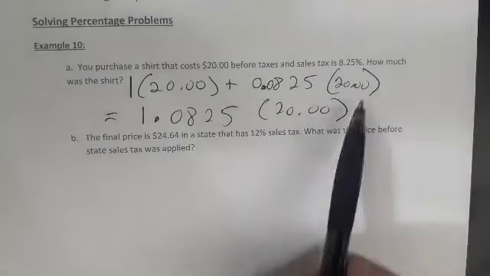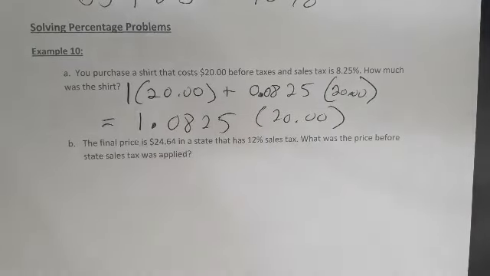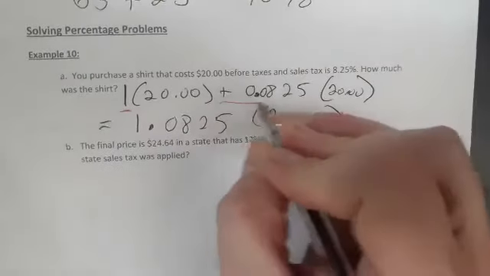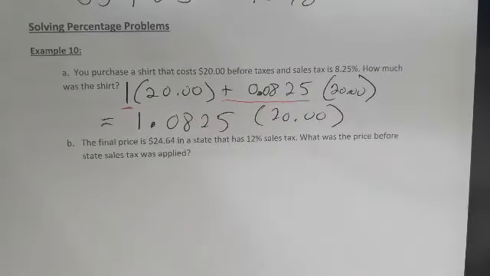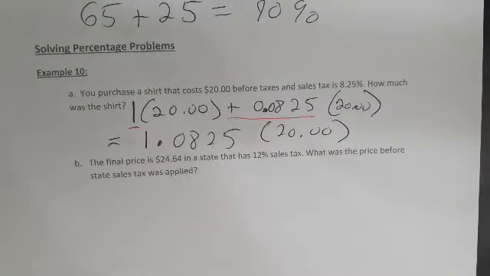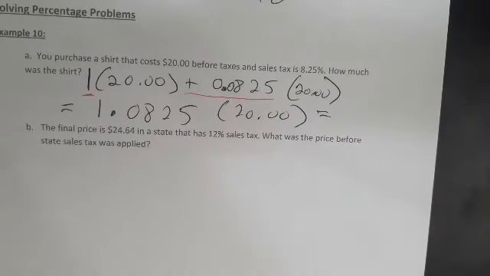That's coming from the fact that this has a common factor of 20. Essentially what I'm doing is 1 plus 0.0825, factoring this out, and I'm left with 1 plus 0.0825, which gives me 1.0825. So this is 108.25% of 20, and that should give me 21.65, I believe.